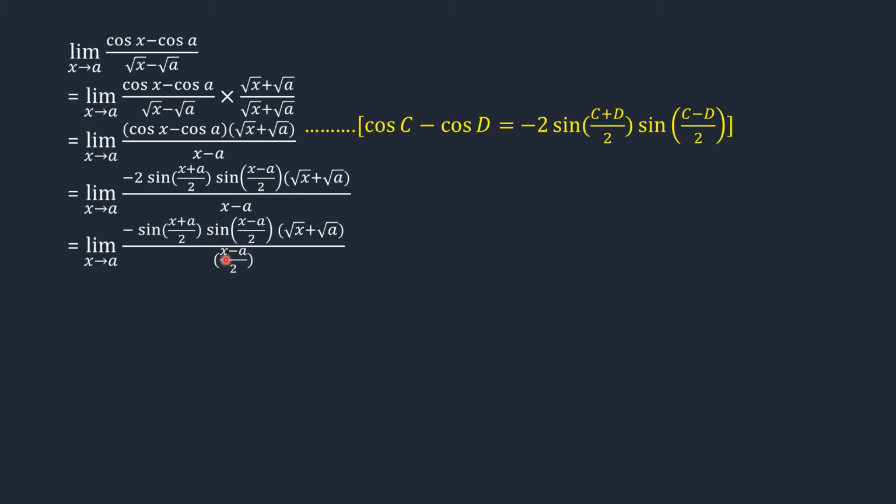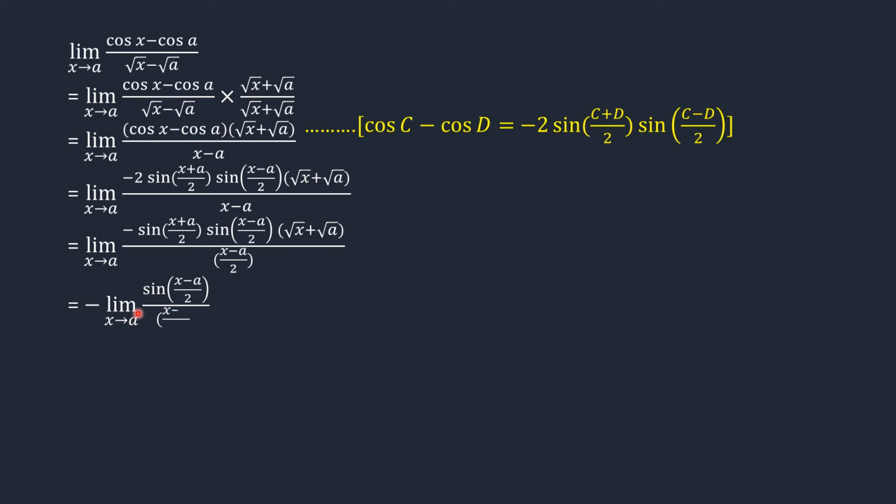So we have (x minus a) over 2 in the denominator, and in the numerator we have this term sine (x minus a) over 2. So we will make a group of these two terms and write one limit, and a group of these two terms and write another limit.